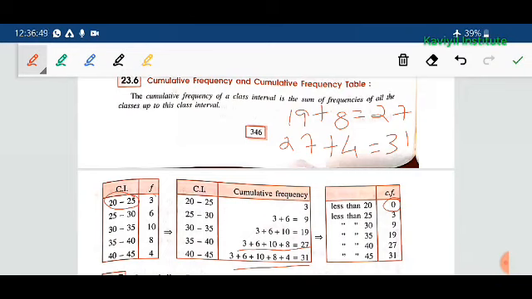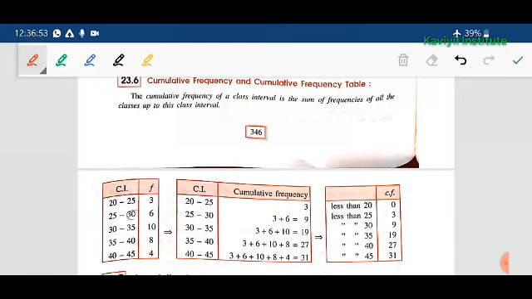Below 25 means what? This is 3, right? Below 30 means what? Below 25 means 0 to 25. We know that it is 3, because for 20 to 25 it is 3 only. Now below 30 means 0 to 30. What will be coming?